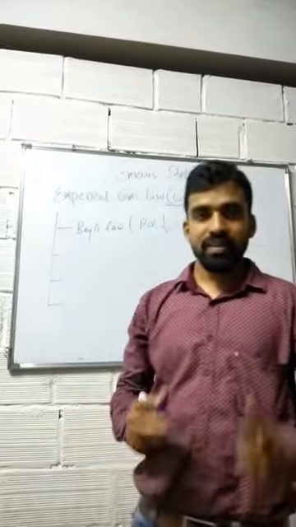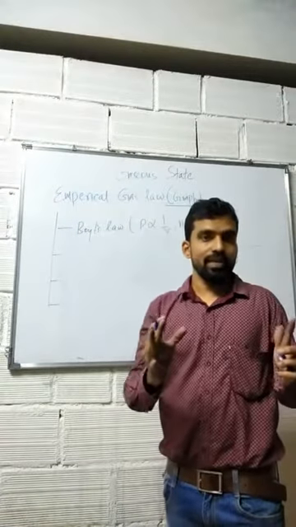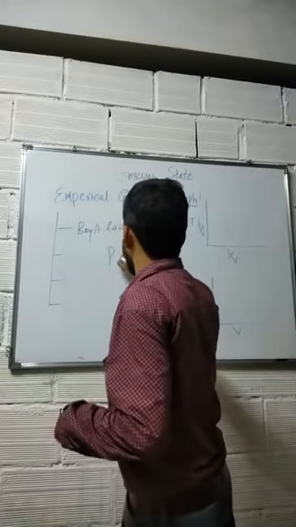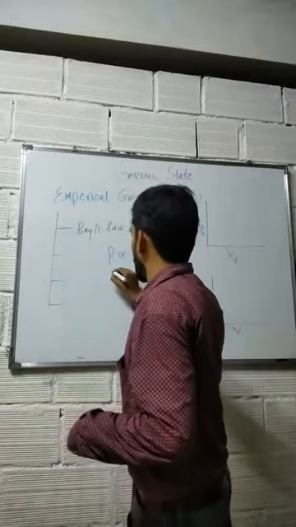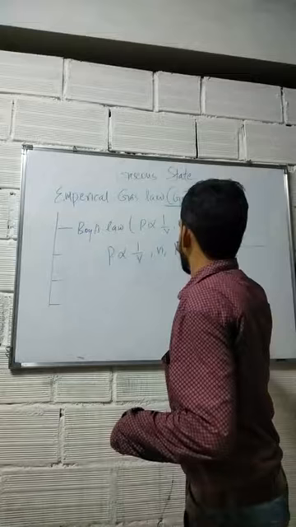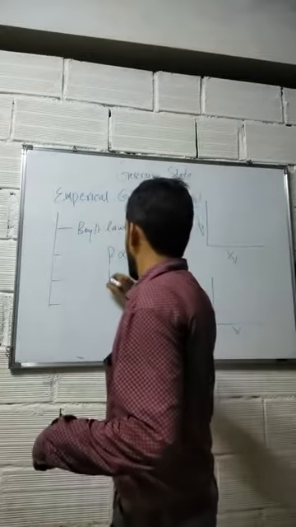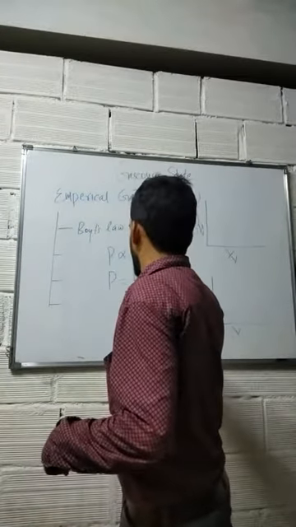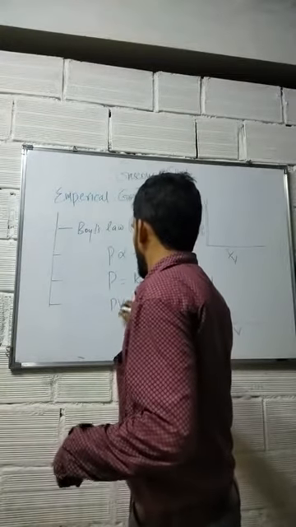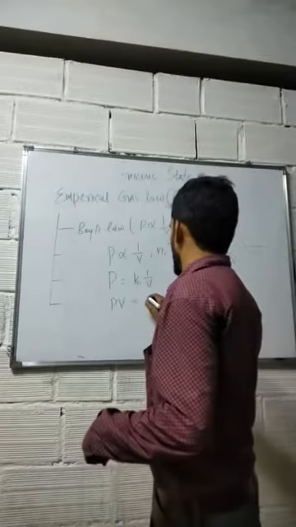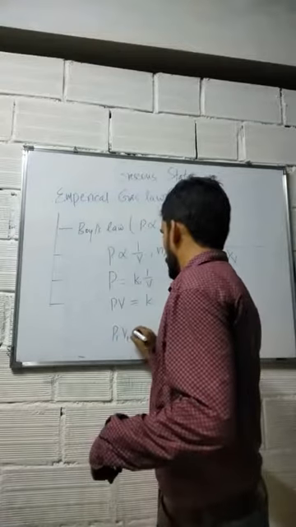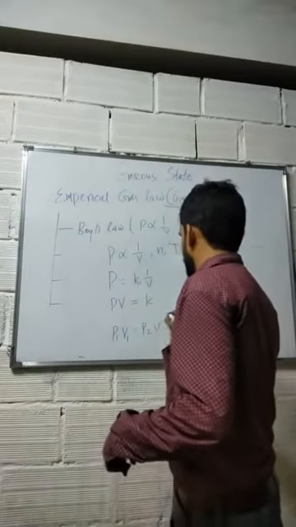Okay, mathematically Boyle's law can be represented: P is directly proportional to 1 by V at fixed amount and constant temperature, or P is equal to K1 into 1 by V, or PV is equal to K, and P1 V1 is equal to P2 V2.